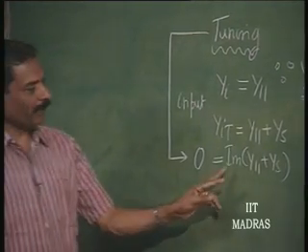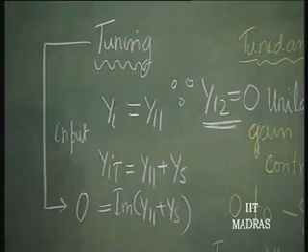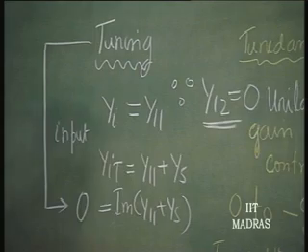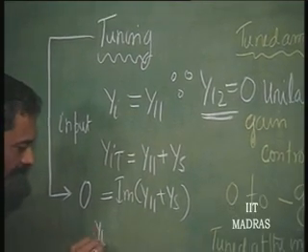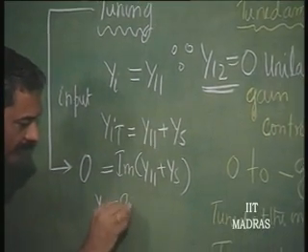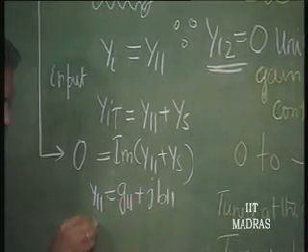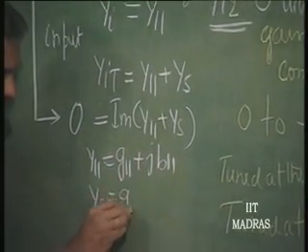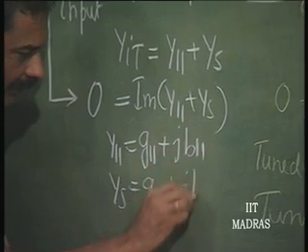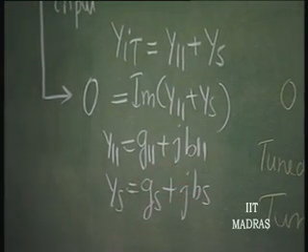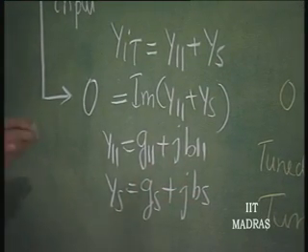This can be represented as, y11 can be represented as G11 plus jB11, and ys can be represented as Gs plus jBs. Then what is tuning?